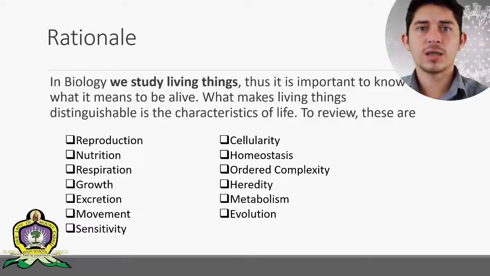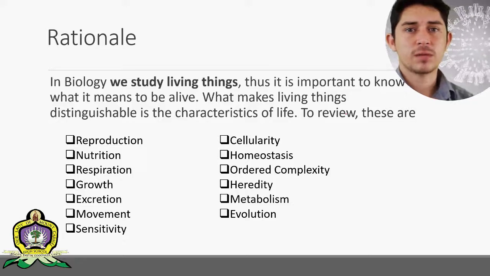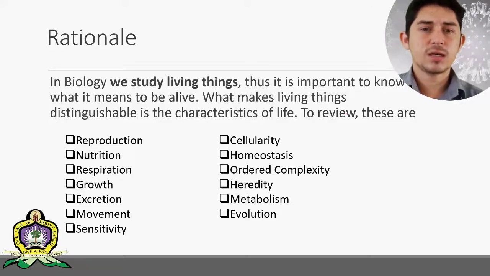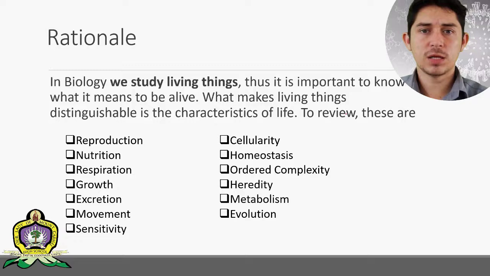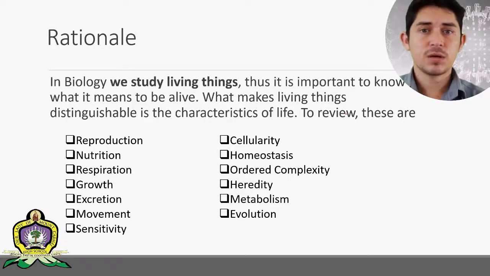So before we look at that, let us review a little bit about the characteristics of living things. Living things have more than 10 characteristics. For any living thing to be considered a living thing, it needs to fulfill all the characteristics. On the slide, you're able to see approximately 13 examples.